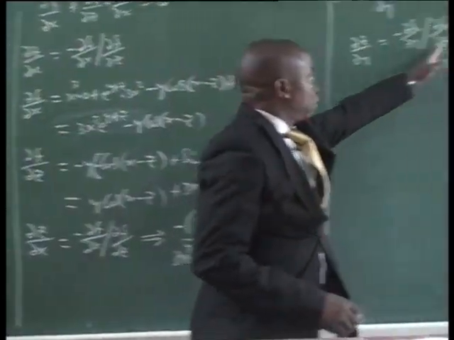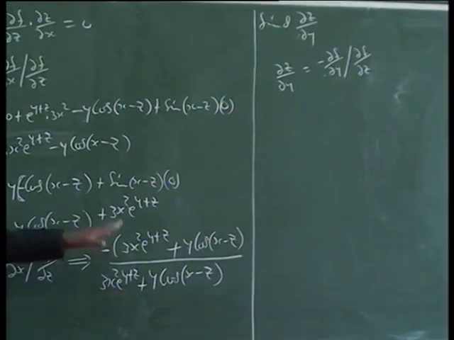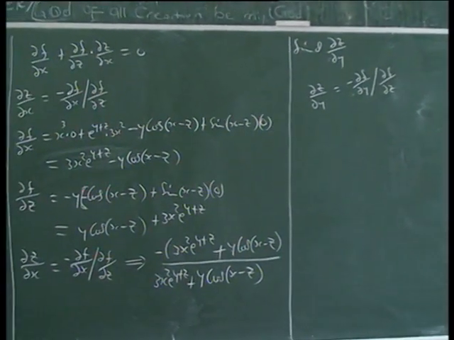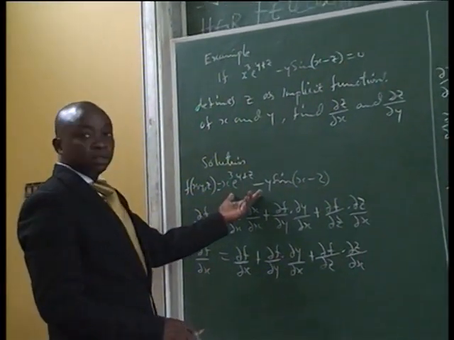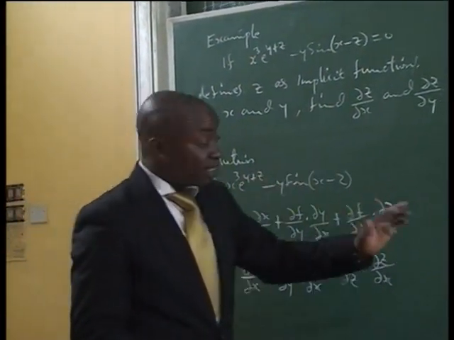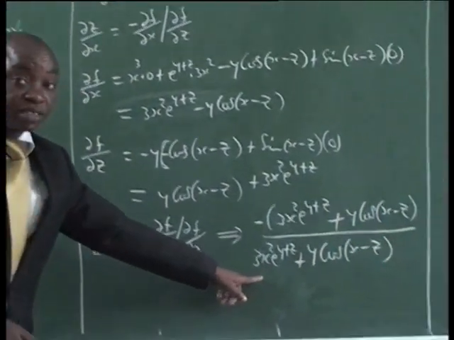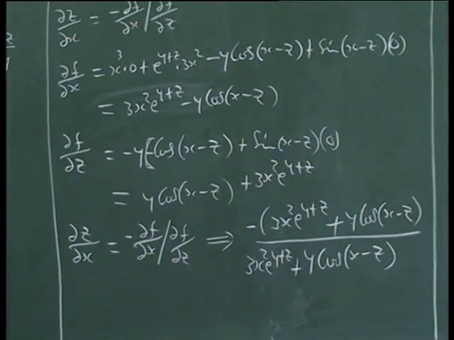That is this one, which I've already got here for you. So go to this function and find partial f/partial y only, then divide it by partial f/partial z, which is already here. And so the work is done.